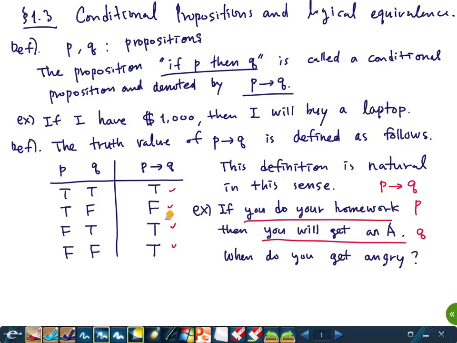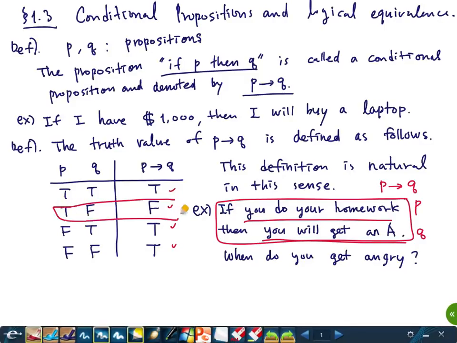So what I said is going to be true unless this happens. Only in this situation would what I said be false. In the other three situations, this will be true. This is natural in our intuition, because this is the only time you will call me a liar.